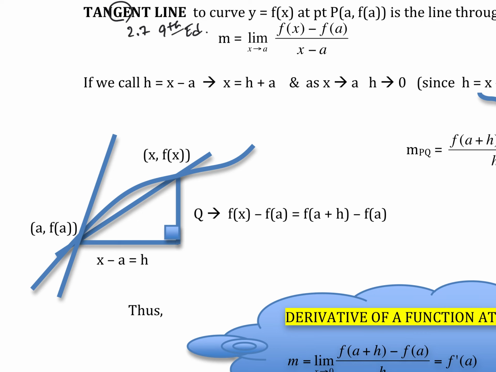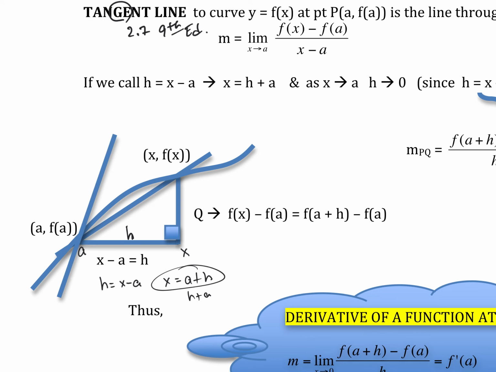We know that this is A, this is x, so we're going to call that distance h. So h will be the distance of x minus a. If I solve for x, I get x equals a plus h, or you could say h plus a. It doesn't matter either way, but we're most likely going to use this one for a little bit right now.